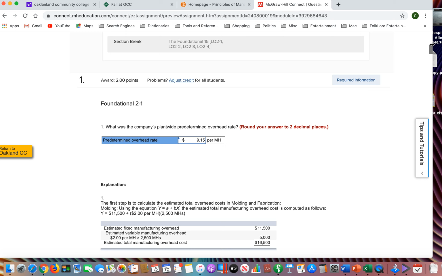This 9,240, where did that come from? That's 1,400 machine hours times 6.60. And the 20,100 is 1,500 machine hours times 13.40 for the fabrication department. And add those two together and divide by 30. Well, after you add the direct labor and direct material, of course, too.